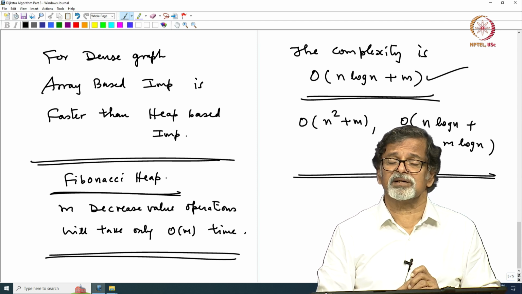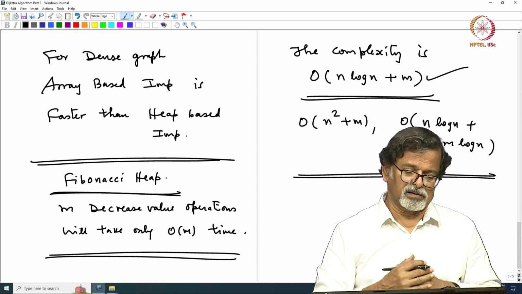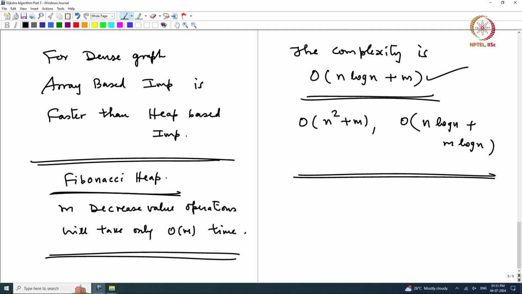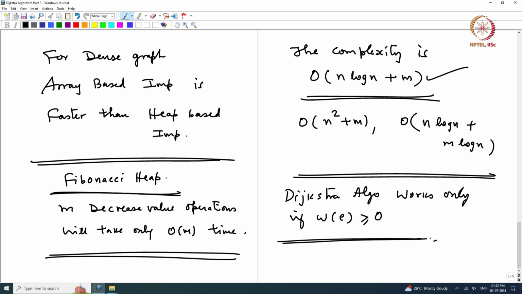So with these remarks, I conclude my discussions on Dijkstra's algorithm. Remember, Dijkstra's algorithm works only if the graphs have positive weights, or non-negative weights.